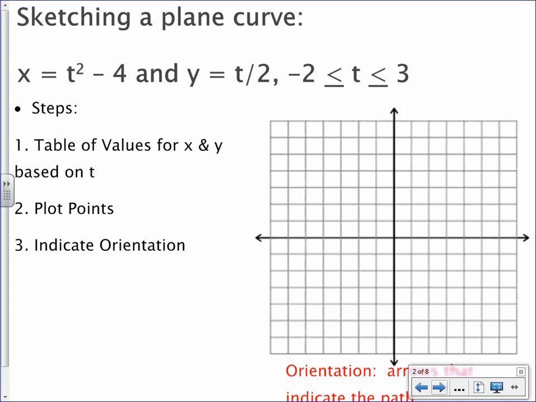Then we can plot those points and indicate the orientation, putting in arrows saying what direction our curve is going. In this example, you'll notice we put a restraint on t. We only want t from -2 to 3, so we're only going to get a piece of a curve.